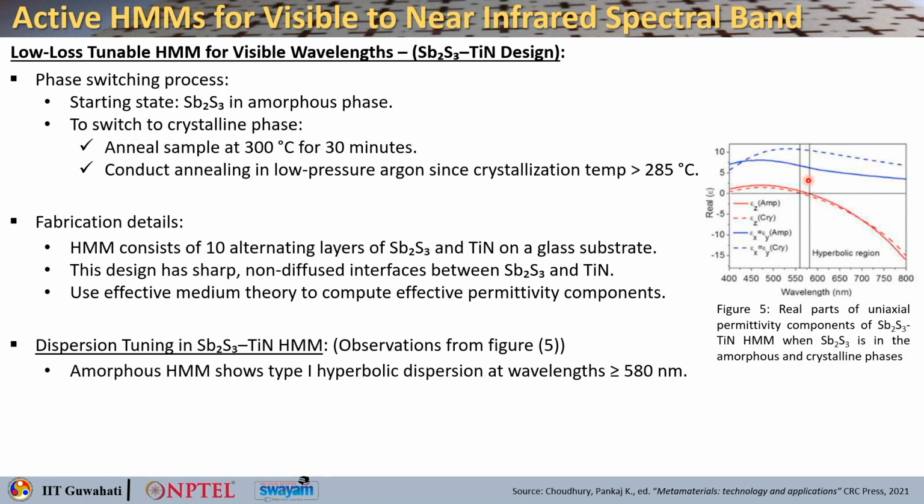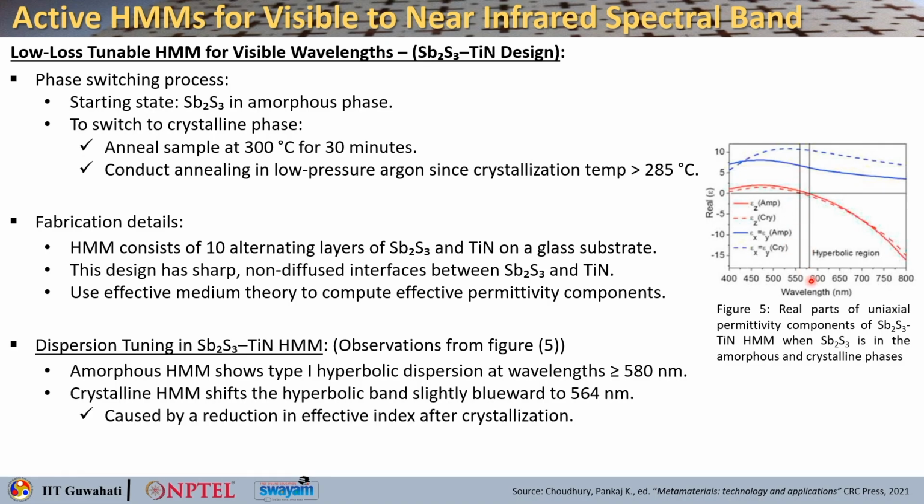If you look into the graph carefully, you can see that the amorphous HMM basically shows a type 1 hyperbolic dispersion for wavelength greater than 580 nanometer. And the crystalline HMM, shown using the dashed lines, shifts the hyperbolic band slightly blueward, to 564 nanometer.